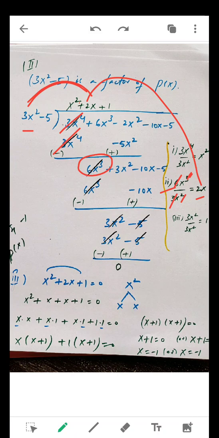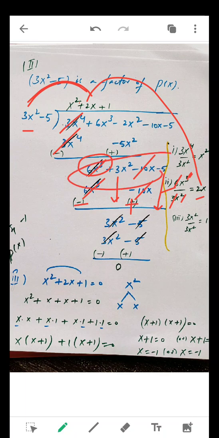So this plus 6x cube becomes minus, and this minus 10x becomes plus. So 6x cube minus 6x cube gets cancelled, and this is plus 10x and this is minus 10x, that also gets cancelled. Remains what? 3x square and minus 5.